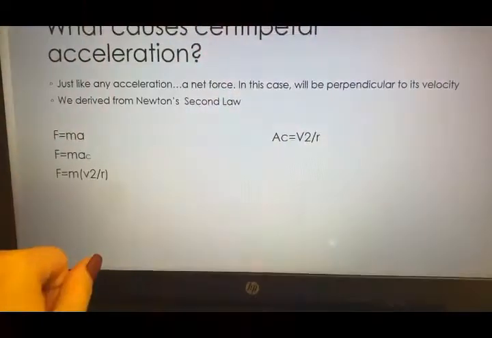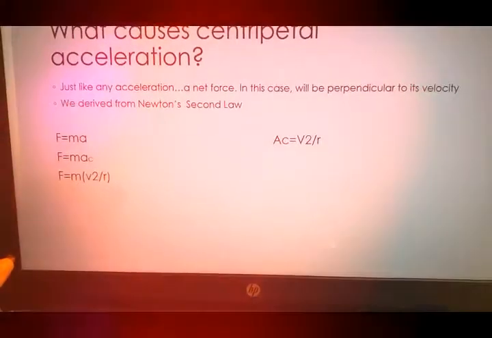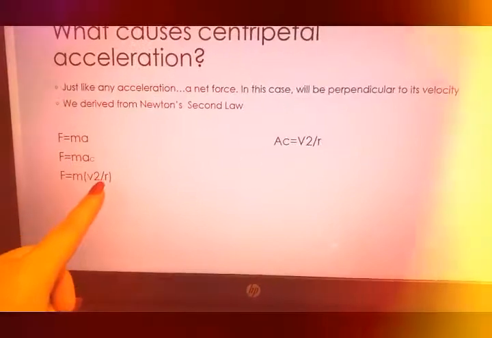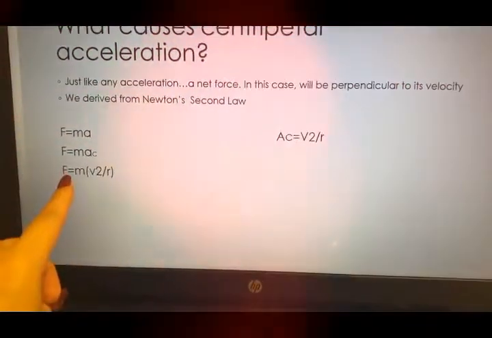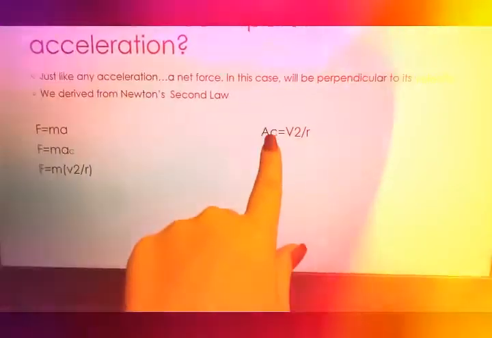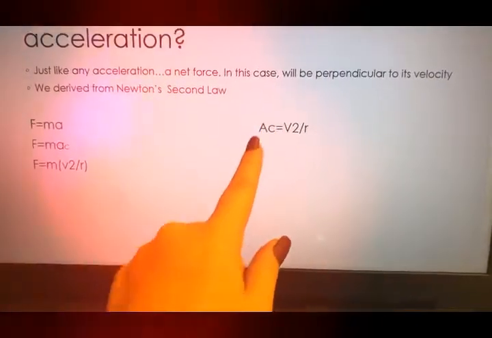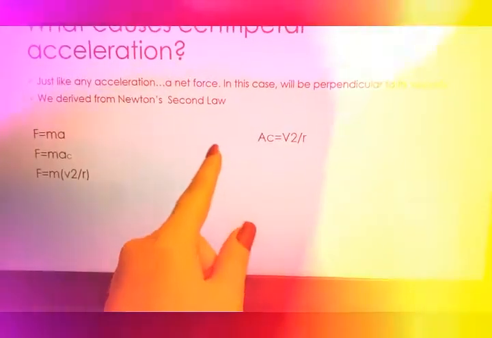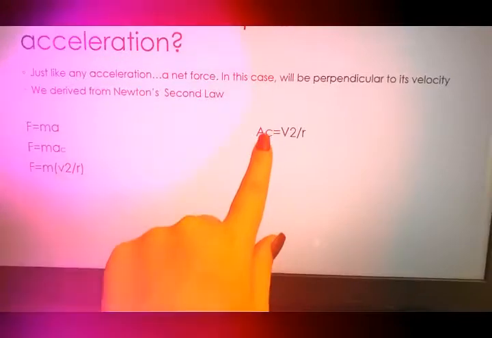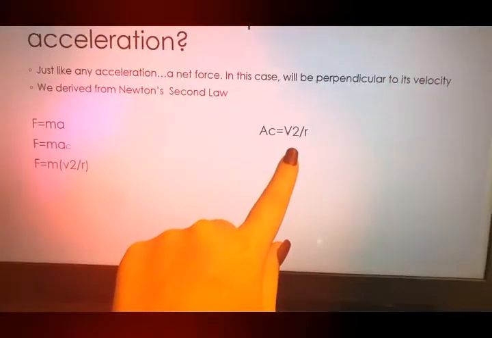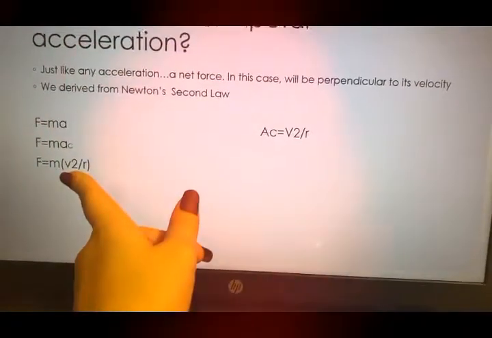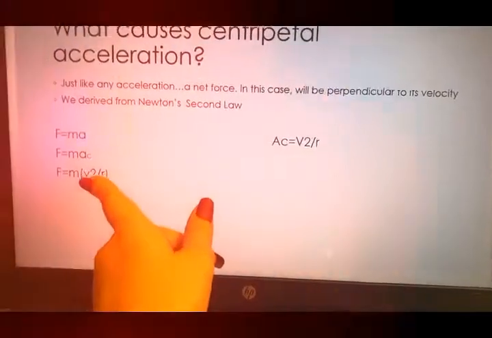Now, as we know, in another way, we can say that acceleration is v squared over r. Am I right? So instead of a, we can put a_c, centripetal acceleration, which equals v squared over r. And when we have mass, the force is mv squared over r.